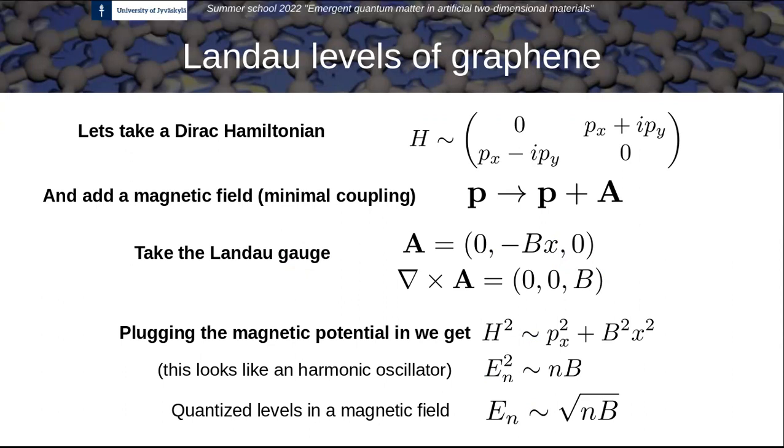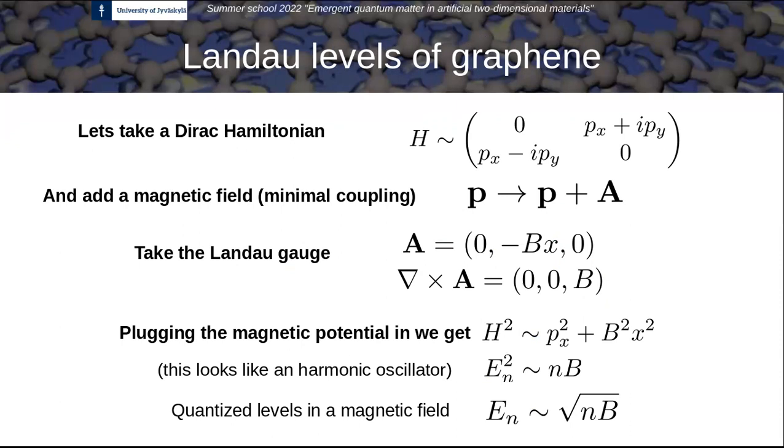So in particular, once you compute the square of the Hamiltonian, you see that the square of the Hamiltonian is a harmonic oscillator. For a conventional 2D electron gas, the Hamiltonian was a harmonic oscillator. For a Dirac electron gas, the square of the Hamiltonian is a harmonic oscillator. What this actually means is that your eigenvalues are now going to depend on the square root of the magnetic field instead of depending just on the magnetic field alone.